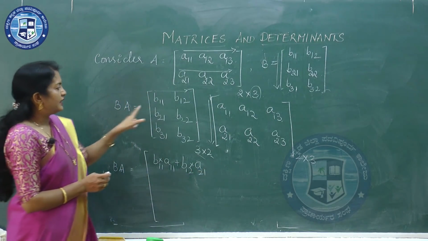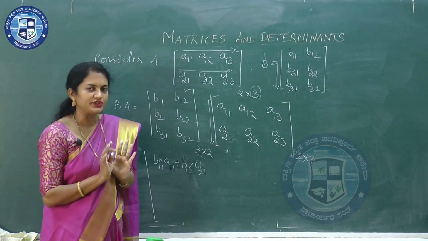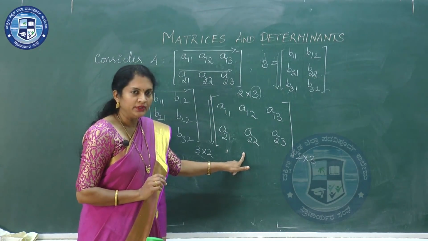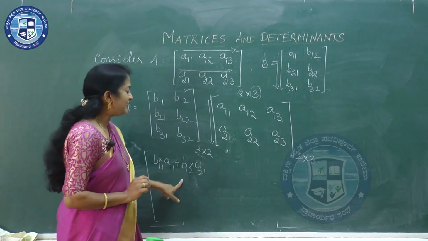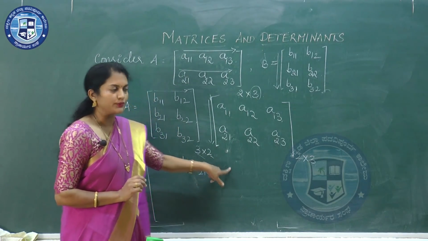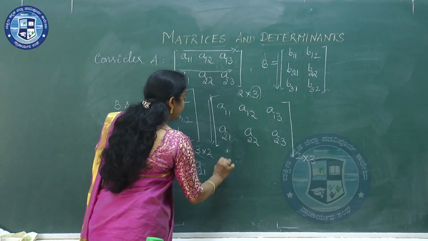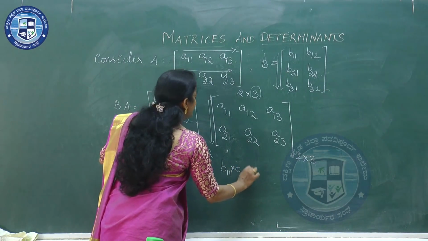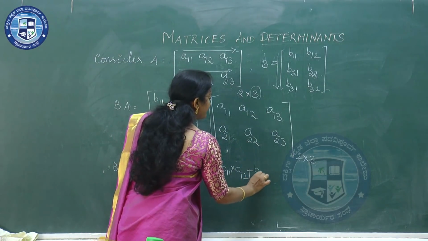Now with the first row, first column, all the elements, that multiplication is over. Now there is one more column, the second column. When we multiply the first row with the second column, you will be getting the second element of the first row. How is it? B11 into A12 plus B12 into A22.